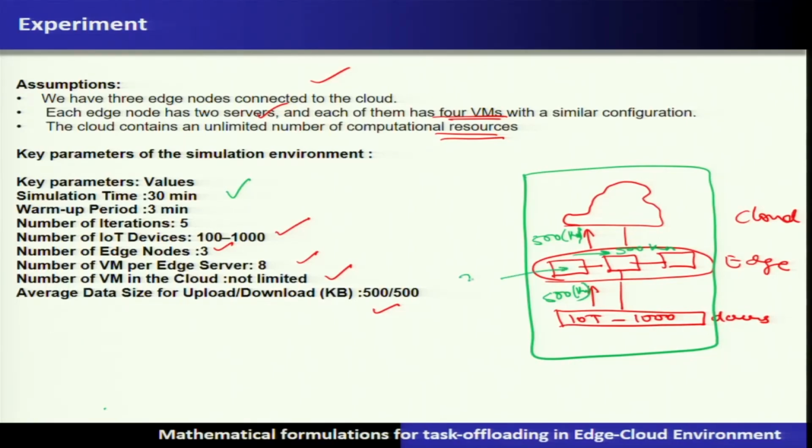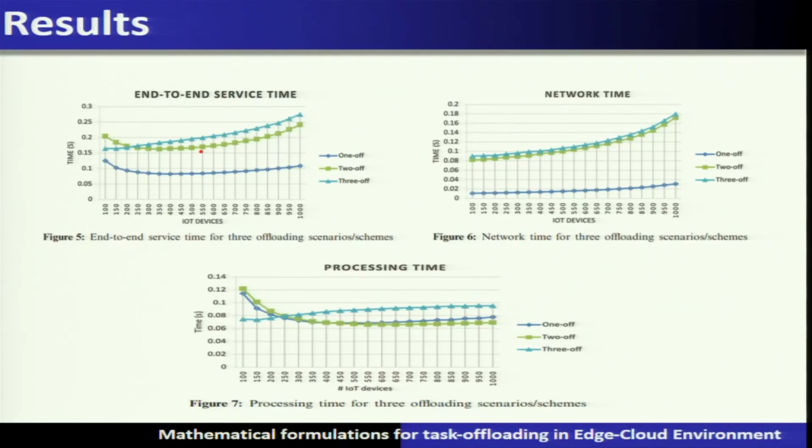For example, here we assume 2 servers in every edge node, and each of them has 4 virtual machines. The IoT devices will now do the task offloading, and you can use this simulation model to do this, and it will bring up some results for an IoT device. So, you can see the results under different model architectures that we have now discussed.